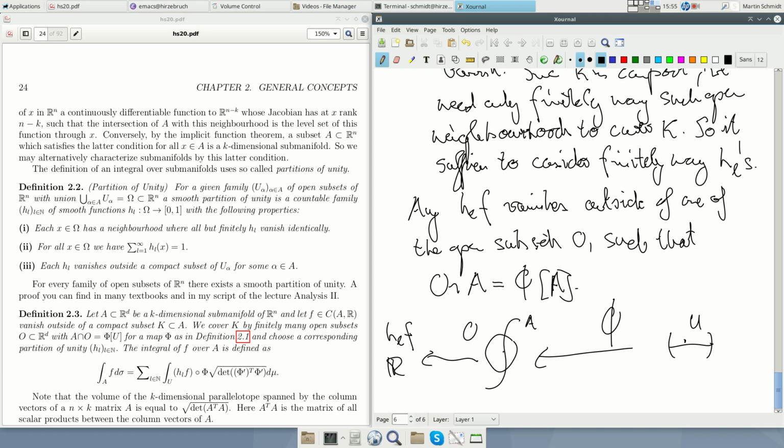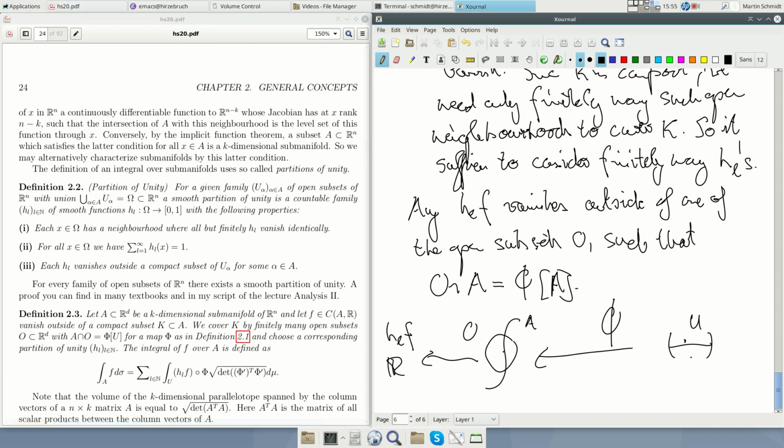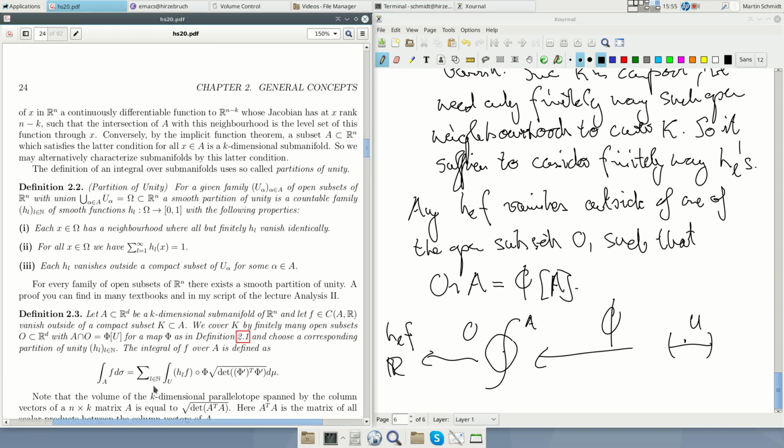Since phi is a homeomorphism, this is a compact set, so this has compact support here, and then we take the integral and take this expression here.